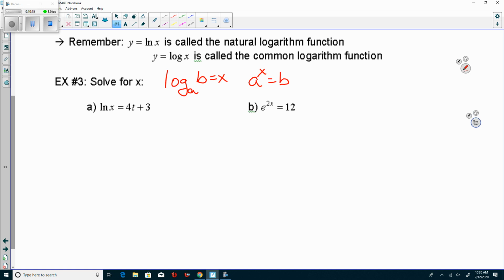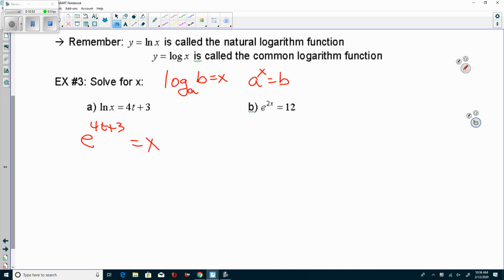So if I have a single log, I can eliminate it by changing it to a base power. To change this natural log, I have e to the 4t plus 3 equals x. That's changing it. And that's it. There are two different variables, and they just want to isolate the x. We did it. We isolated the x.